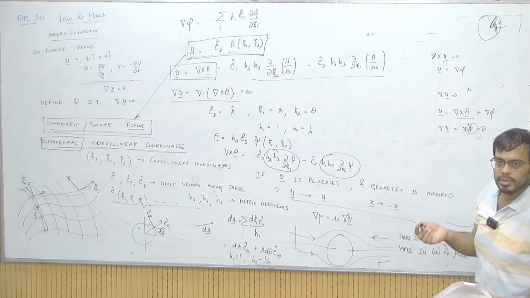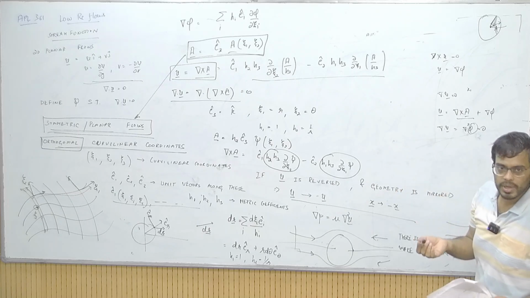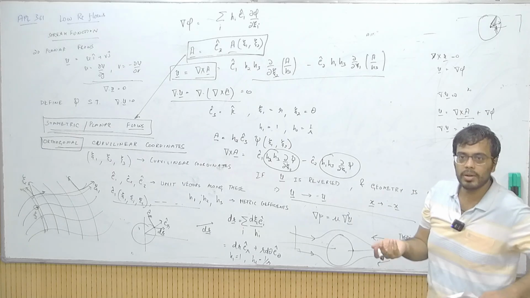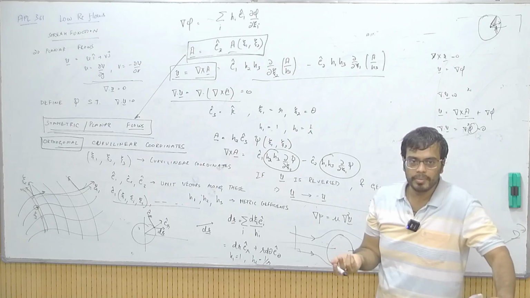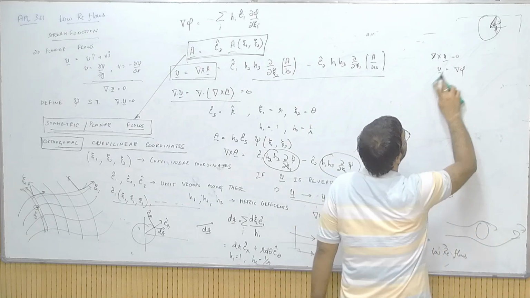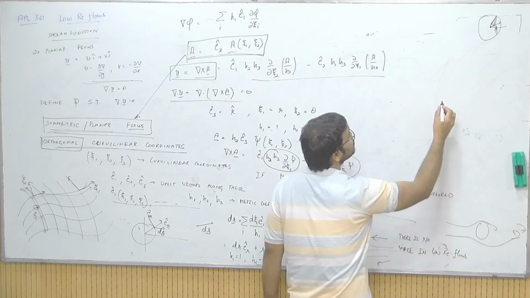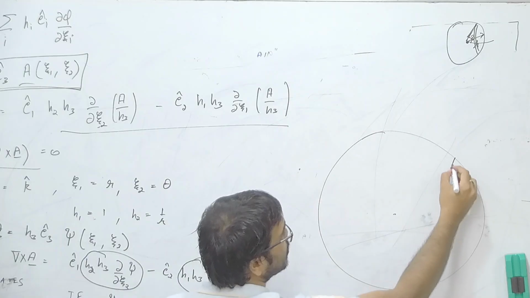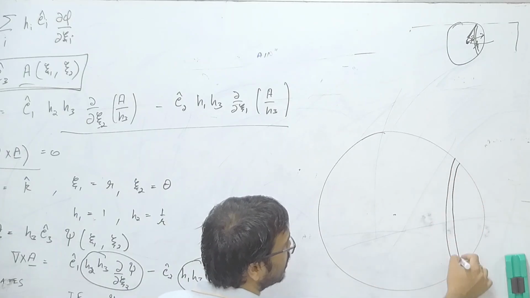Does everyone know how to visualize spherical coordinates? How is a spherical coordinate usually visualized?